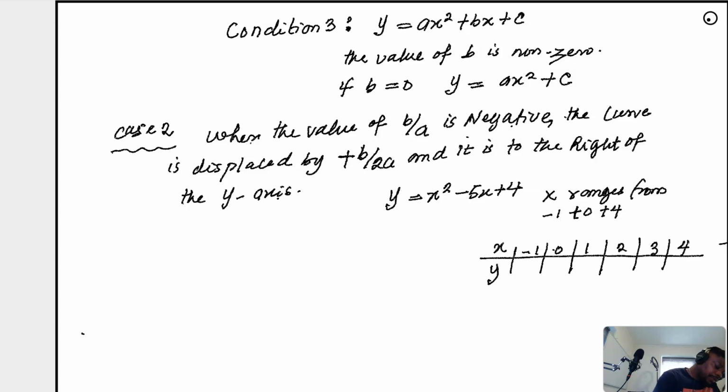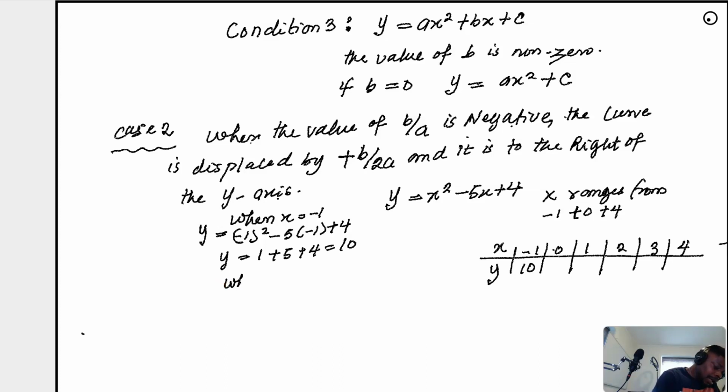So when x is equal to minus 1, so minus 1 squared minus 5 times minus 1 plus 4. So y is equal to 1 plus 5 plus 4. So y is 10.